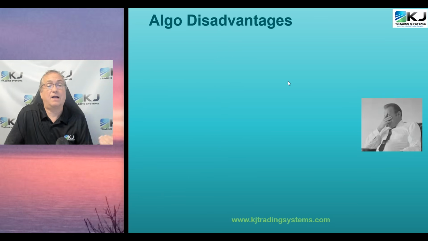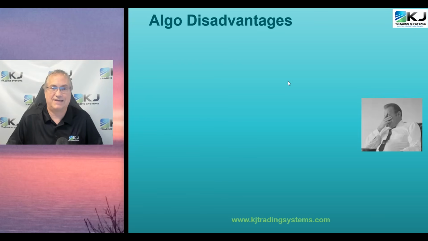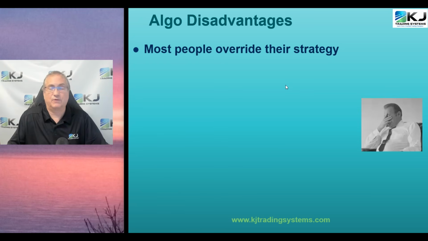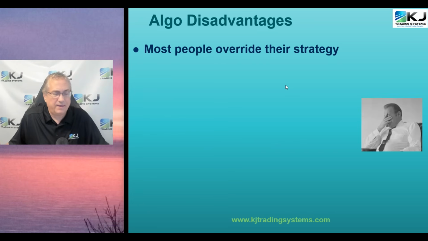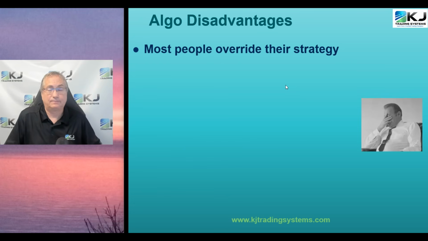Okay? So let's talk about some other facepalm-type moments, disadvantages of algos. And you might say, wow, you're telling us more disadvantages of algos. Yeah, that's because I want people to be informed, so you know up front the downside. You might still decide to do it, but at least you know a lot of the disadvantages. Most people can't algo trade when it comes down to it. They override their strategy. They'll think of reasons not to take a trade.